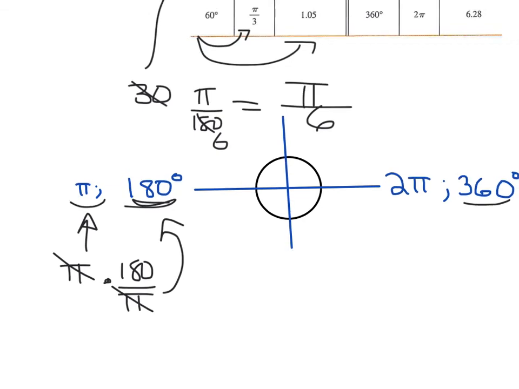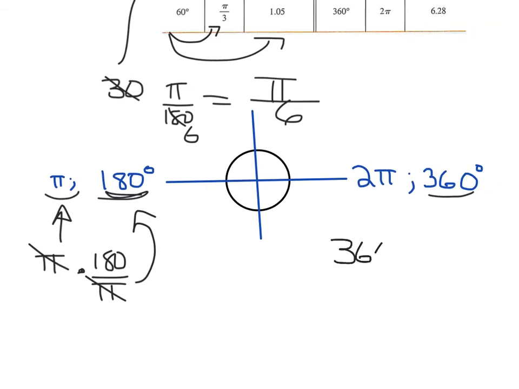Let's say we went the other way, and they gave me 360, and they want the radian. Multiply it by pi over 180. Simplify, and you get 2 pi. So just realize the full circle is 2 pi, the semicircle or the 180 degrees is just pi.